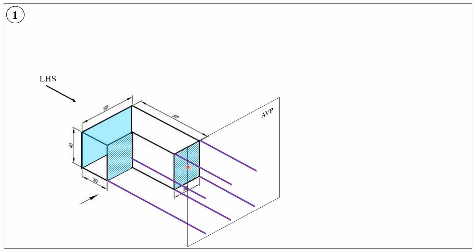And if you join in proper sequence the points of intersection of the projectors with the auxiliary vertical plane, we will get the left hand side view. So this is the left hand side view.